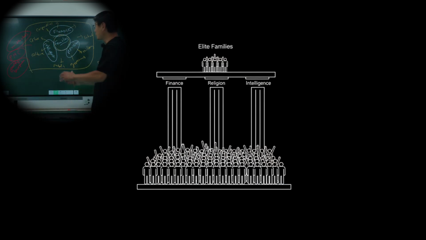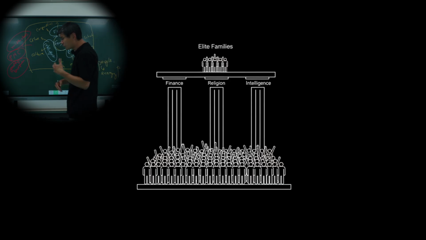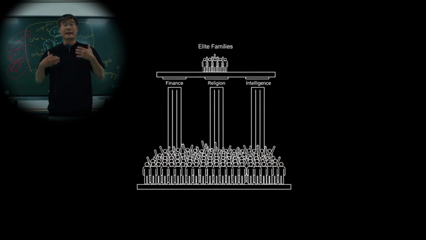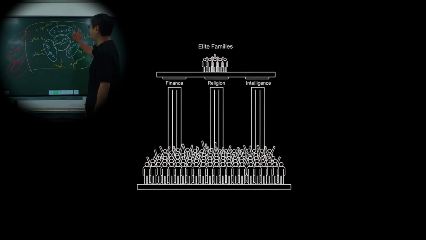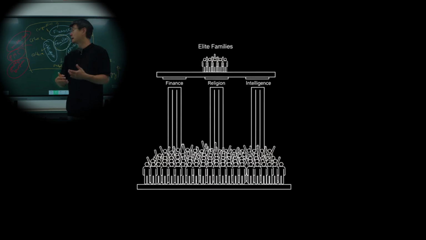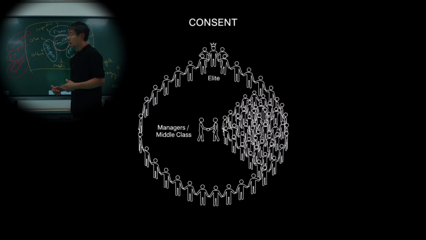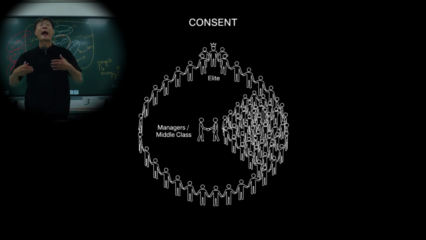Okay. So having gone through the structure of society, let's talk about what happens when society rises and falls. Okay? When it rises, the dynamic of these three groups, it's very interesting. When it rises, the families who own the nation are happy to let the managers control society.